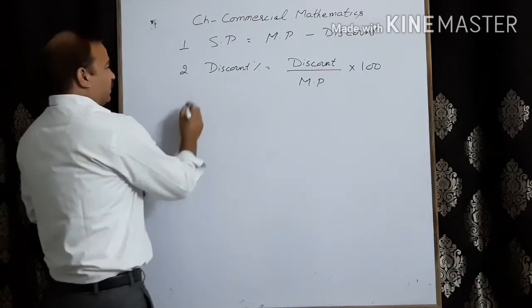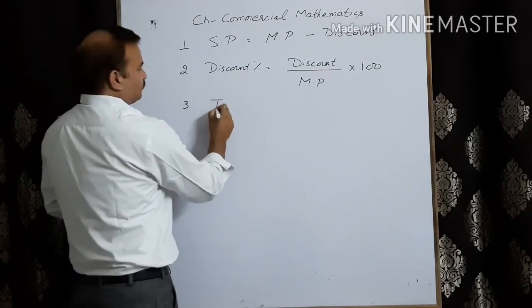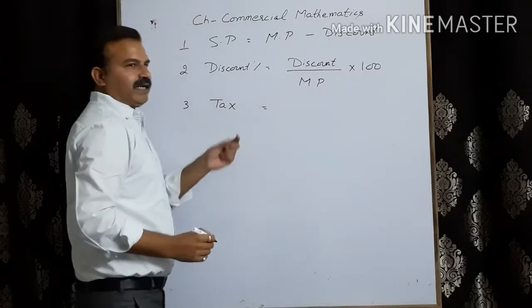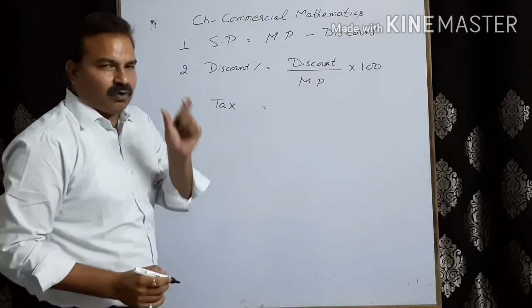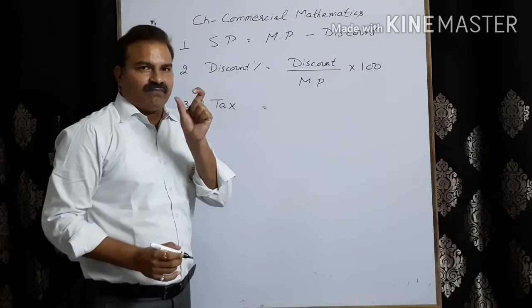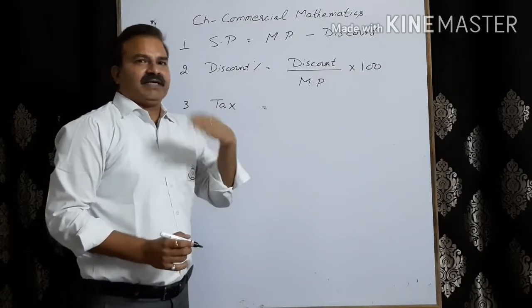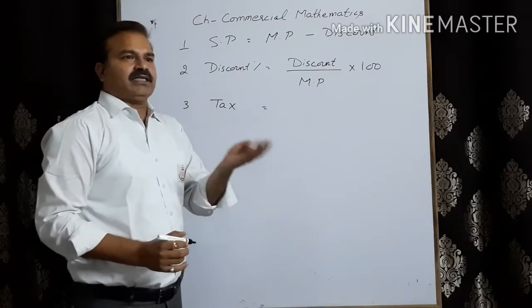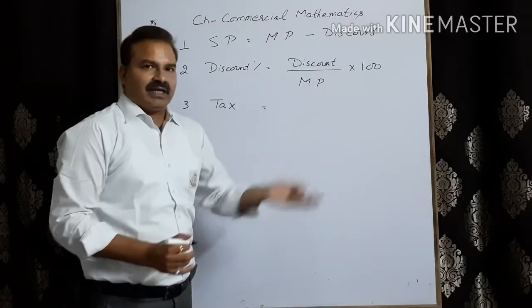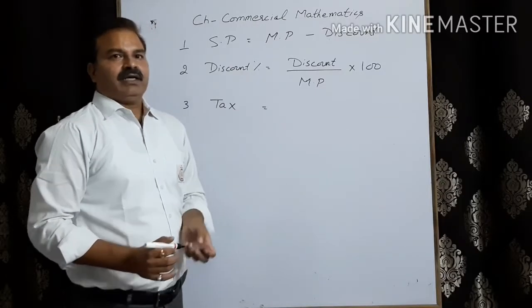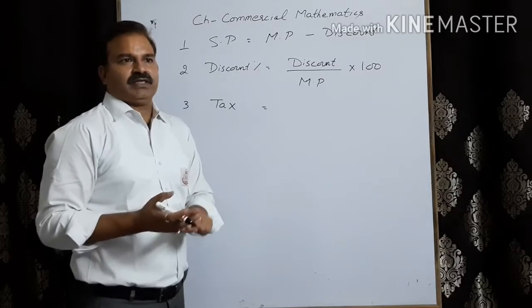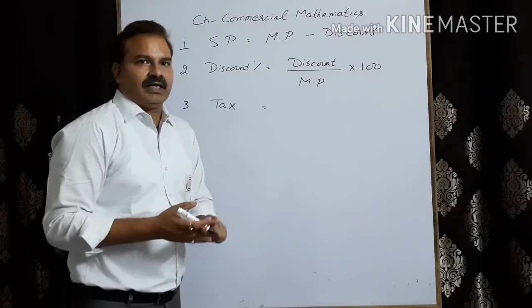Now next is the tax. If we talk about tax, basically the government has fixed some percentage, depending upon the objects. Suppose on food articles it is 8%. On luxury items it is 18%. Luxury items means your electronics, computer, refrigerator, AC or the car, whatever.